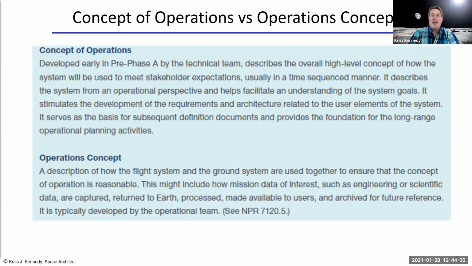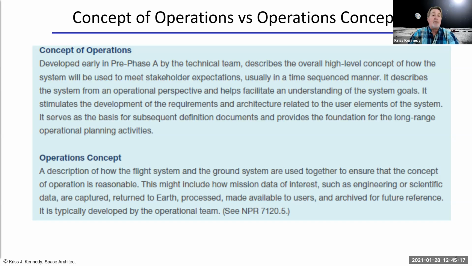So the difference is that a concept of operations, or ConOps, is done in pre-phase A to write the story of the mission and how the mission capabilities and functions will be used to do the mission, and the design concepts to some degree.